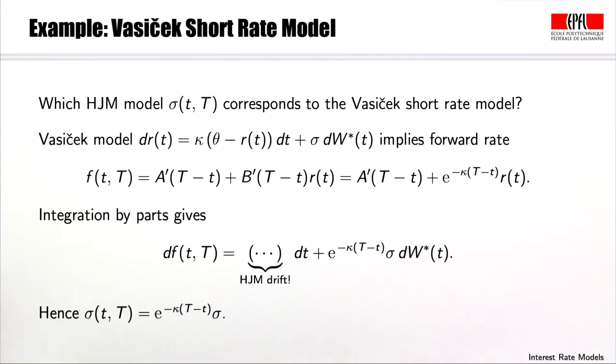We could as well, by applying stochastic calculus, derive the drift of this implied forward rate dynamics. But we don't need to go through these calculations because the HJM theorem already tells us what the HJM drift here has to look like. It is given explicitly in terms of the volatility of the forward rates.